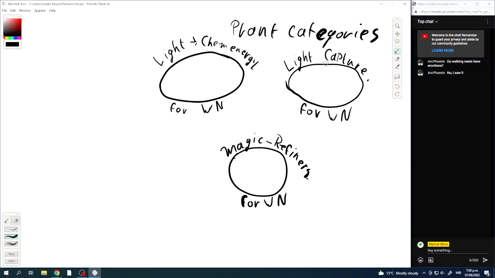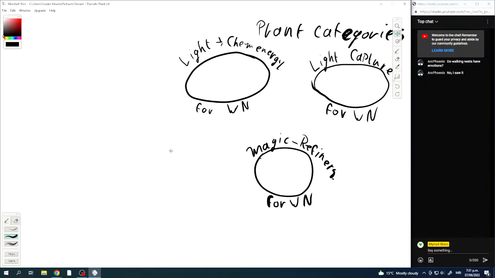Light capture for the walking nest. Magic refiners. Am I missing anything for the walking nest category? Then there's structural stuff.